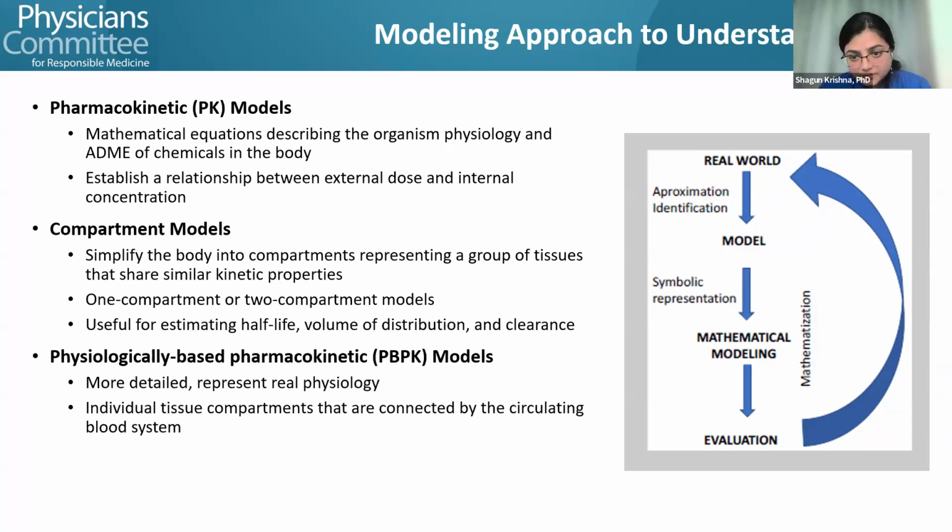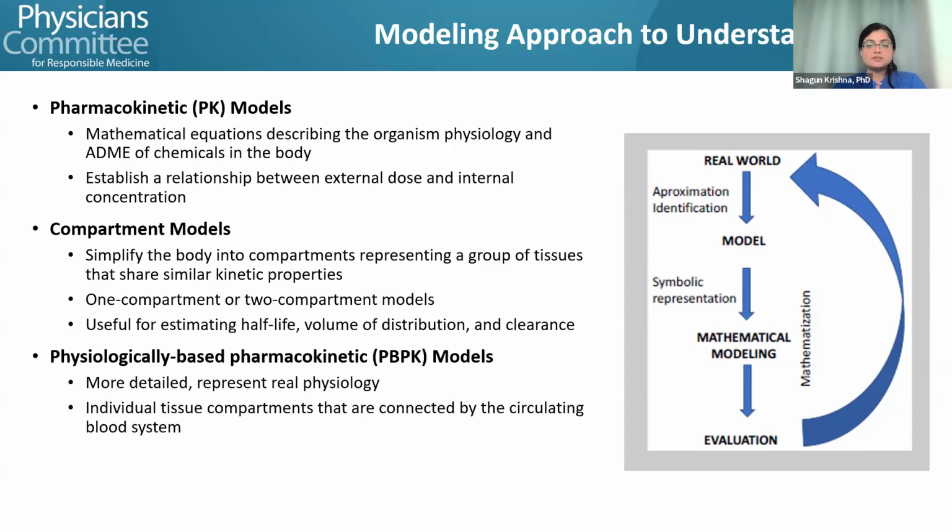But for a more detailed picture, we use the physiologically based pharmacokinetic model. As the name suggests, PBPK means we have incorporated human physiology behind these models. So PBPK models actually mimic the organ system, and it helps us to track the concentration of chemicals in specific tissues or in specific sections of the body.